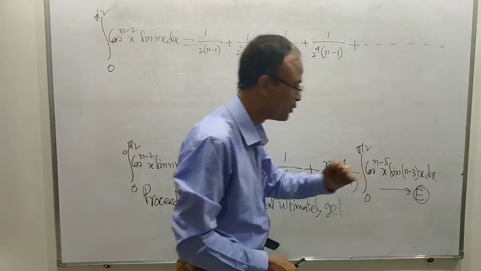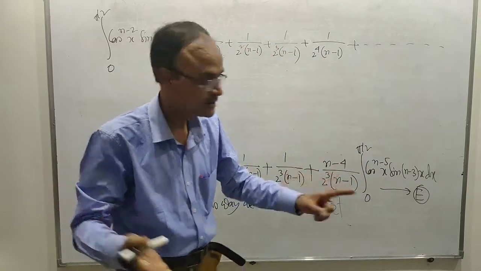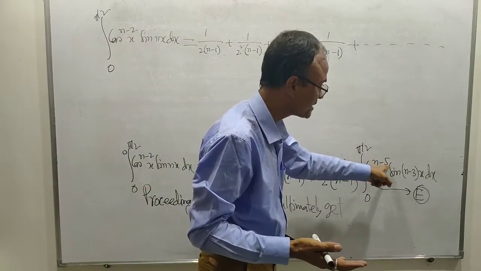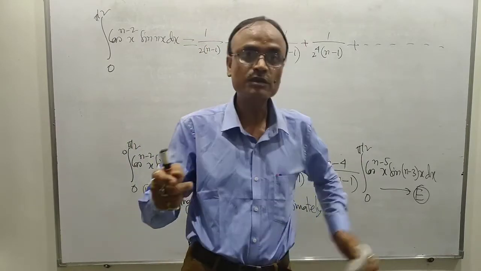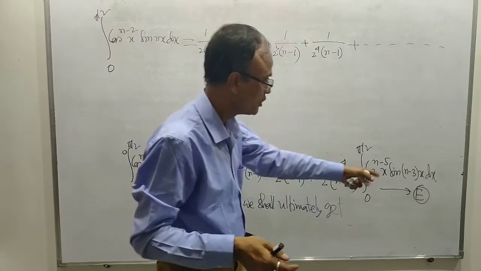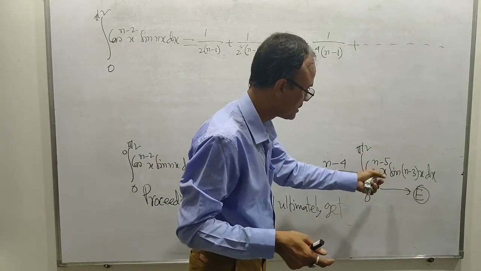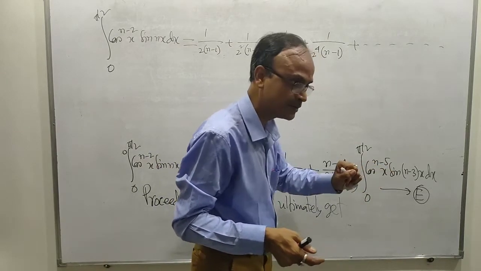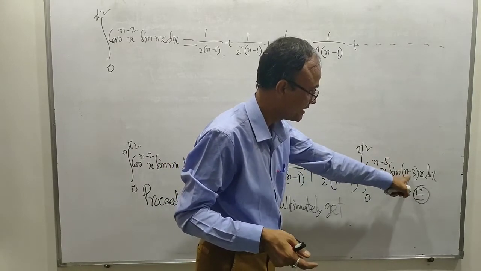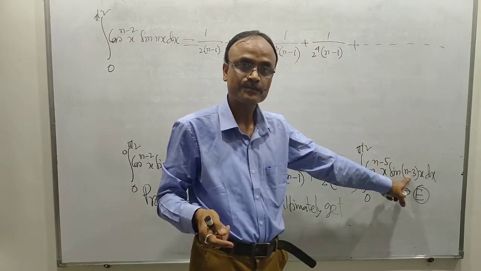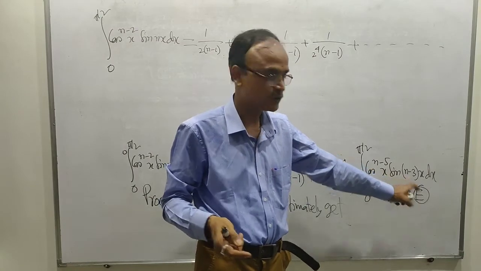To get cos x whole to the power 0, what you have done? You have put n minus 5 equal to 0. This means n equal to 5. Then you will get cos x whole to the power 0, and it will be 5 minus 3, means 2 sin twice x.